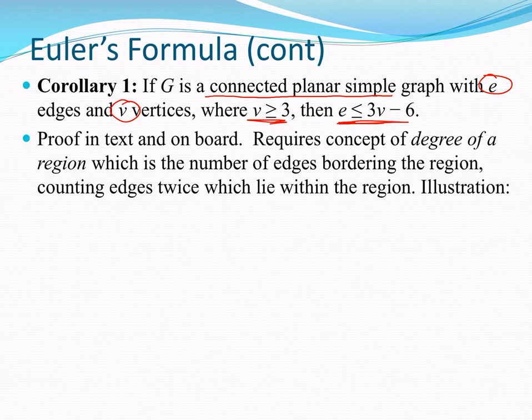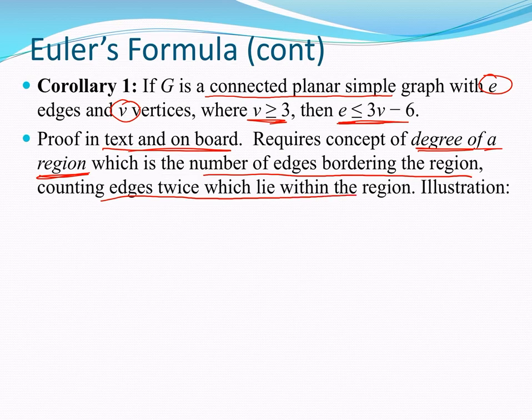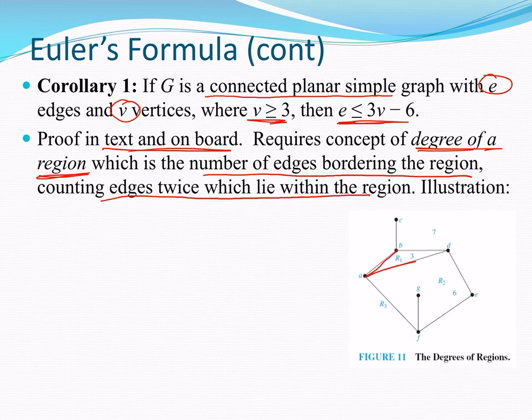Okay. We'll do our proof on the next slide, but it requires the concept of the degree of a region, which is the number of edges bordering the region, and we count any edges twice that lie within the region. So here's our illustration. Region 1 is a region of degree 3 because there are 3 edges bordering it.